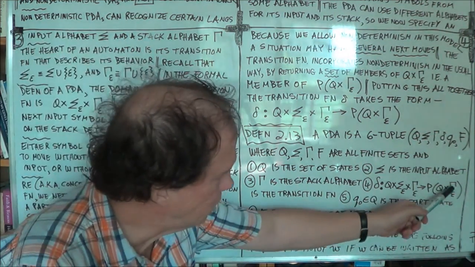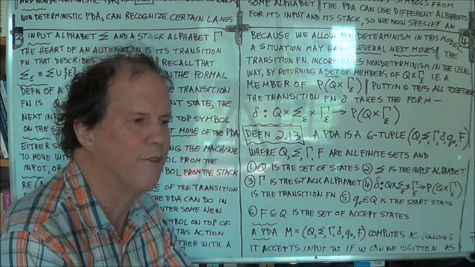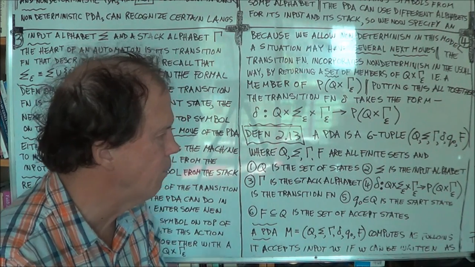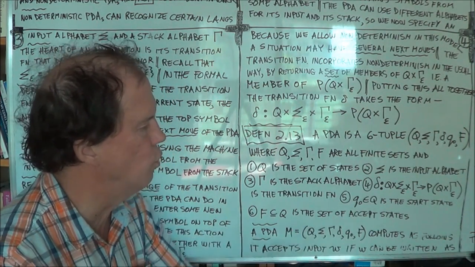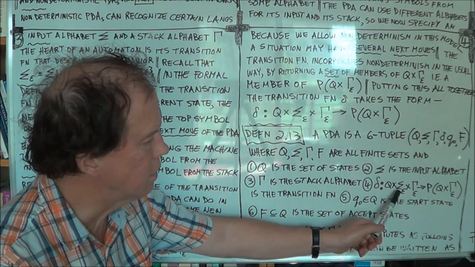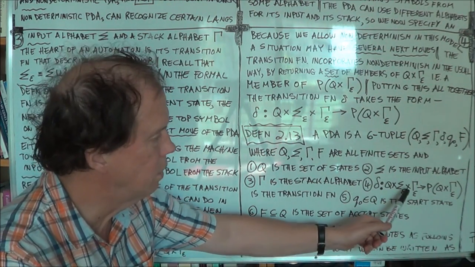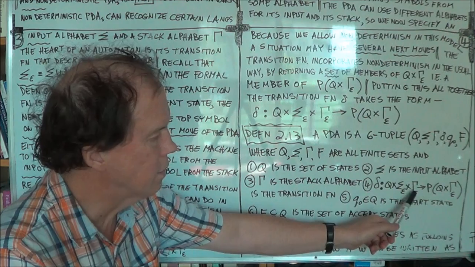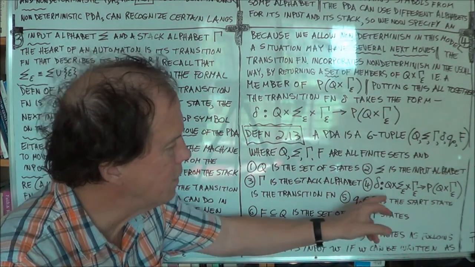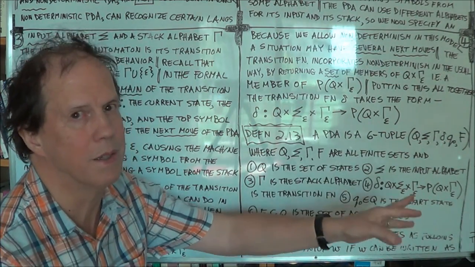Now let's interpret that physically, intuitively, rather than abstractly mathematically. What's this transition function doing? Well, it's looking at the current state, it's looking at the current symbol on its input string, and it's looking at the symbol at the top of its stack. Now on the basis of those 3 things, it makes a decision.